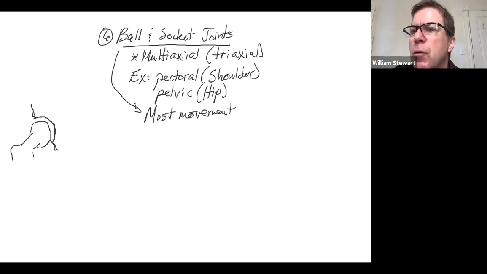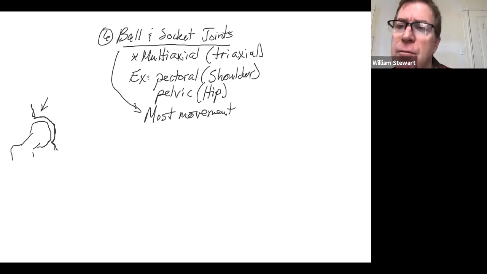So they create the most movement, but they also tend to be the least stable. So we sacrifice stability for movement. Now the hip joint is much more stable than the shoulder joint, but the shoulder joint has much more range of motion. So whenever you increase range of motion, you sacrifice stability for it.